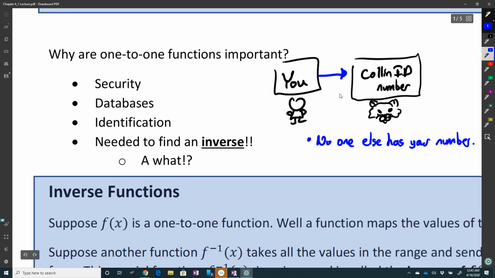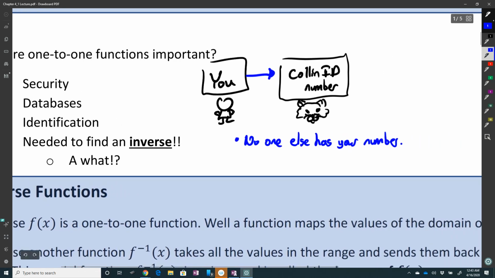So no one else has your number and your number is only attached to you. If I had a database of your names, I could use your name to find your number, or I could use your number to find you.